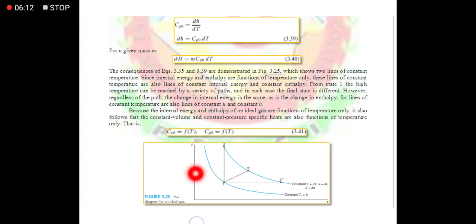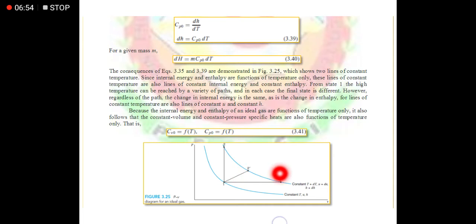Kung meron tayong dalawang cases or constant na temperature, at saka kung meron tayong dalawang graph in which a variation of temperature, assuming that the enthalpy and the internal energy are all constant, we can actually find the value, or relate the value between these two variations of temperature, by letting the movement from point 1 to point 2, or point 1 to point 2 prime, or point 1 to point 2 double prime.